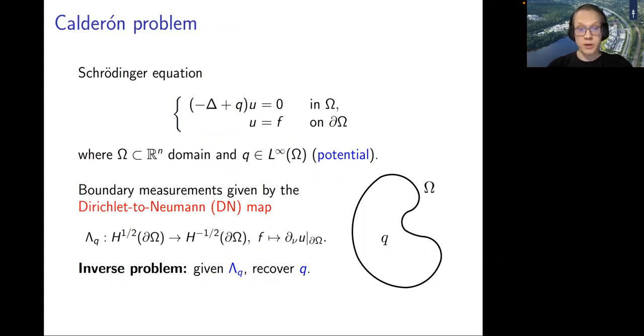Boundary measurements are given again by the Dirichlet-to-Neumann map Λ_q, which takes the Dirichlet data f into the Neumann data, the normal derivative of u on the boundary. And here I assume that 0 is not a Dirichlet eigenvalue of this problem. And again, the inverse problem with infinitely many measurements would be: given the measurements encoded by the map Λ_q, you want to recover the function q.